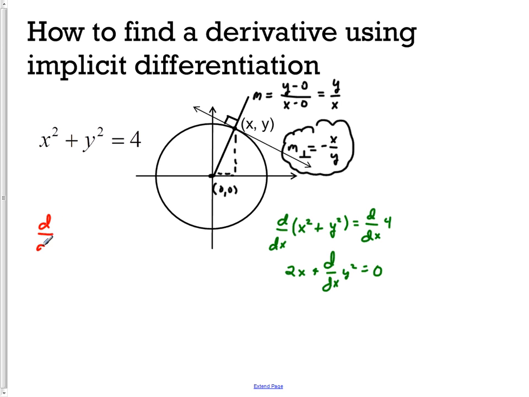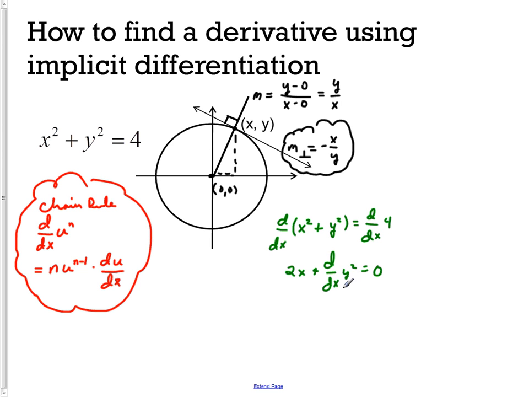If we took the derivative with respect to x of u raised to the nth power, its derivative would be n times u to the n minus 1 power times the derivative of u with respect to x. This is our chain rule that we discussed in the last section.